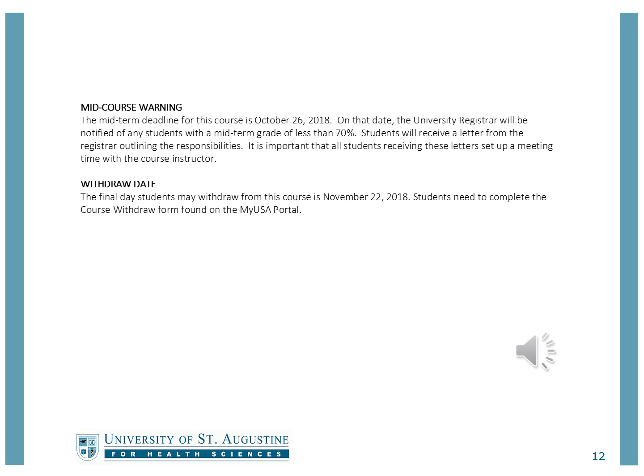The withdraw date for this course is November 22nd. If you withdraw before that deadline, you will receive a W for the course, which is a withdraw designation. You will still have to repeat the course, but you will not incur further penalty if you continue in the course and do not pass and receive a D or F letter grade.